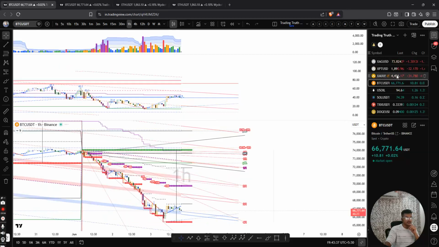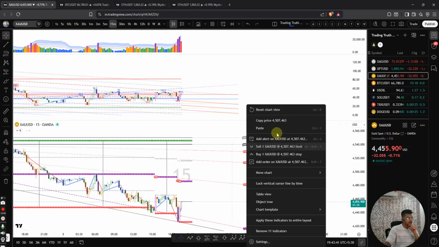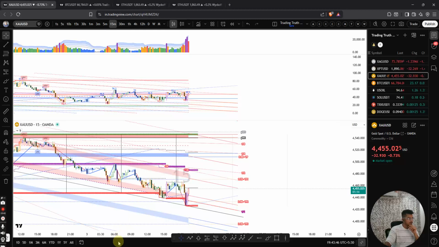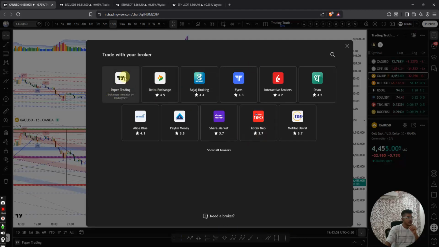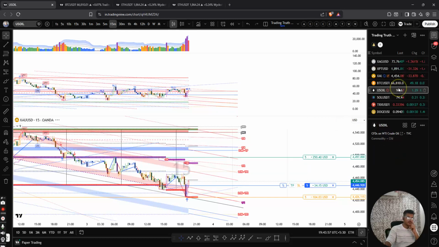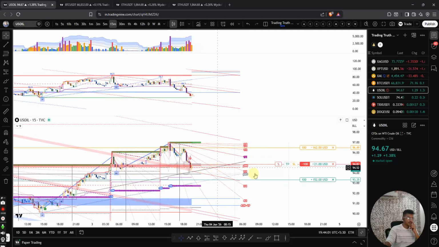we see that buying is occurring there on gold. 15 minutes. And this one I need to connect. Yeah. So the gold trade is in positive as well as oil.